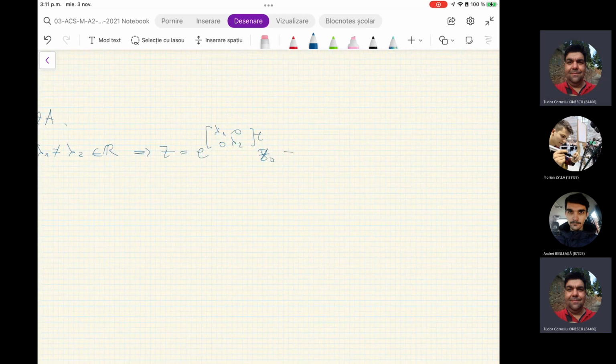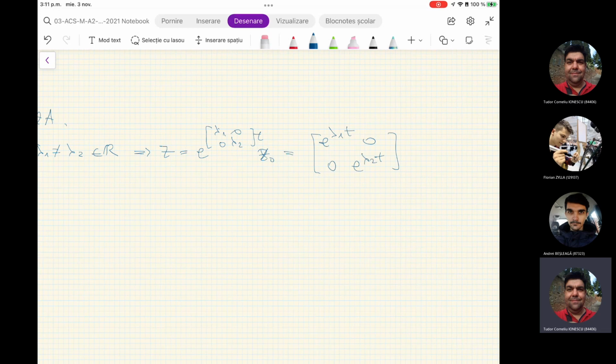So what is this? The exponential of this matrix is very simple to compute. You can prove that yourselves using the definition of the matrix exponential. So this is exponential of lambda 1 t, 0, 0, exponential of lambda 2 t, times z01, z02. Let's split the initial condition in two coordinates.